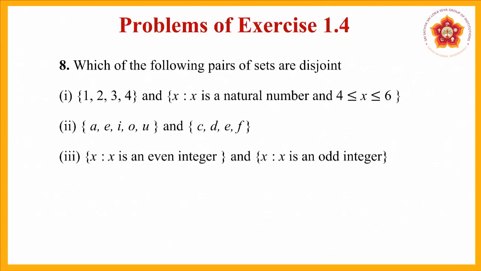Second one, in the same way, the first set contains the vowels and the second set contains C, D, E, F. Do you find any common elements? Yes, of course. E is present in the first set as well as the second set.